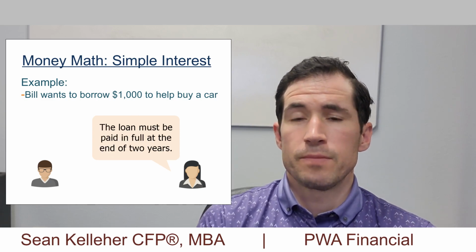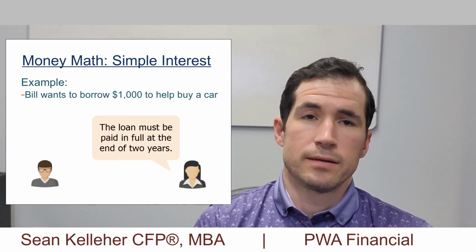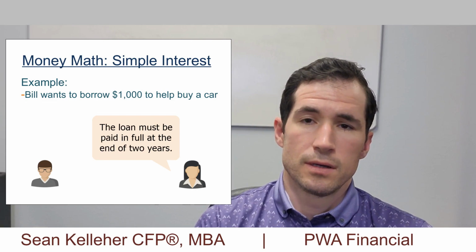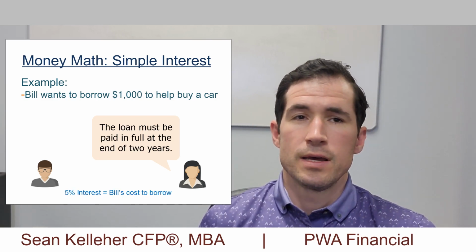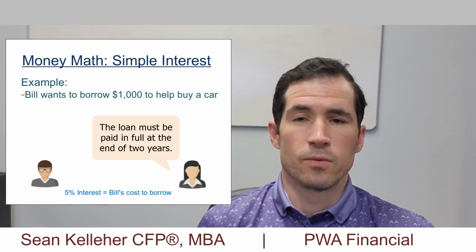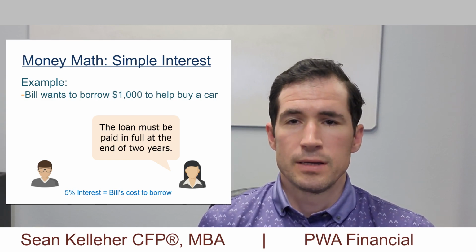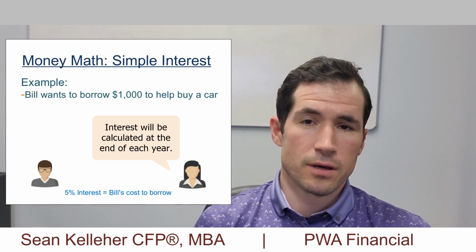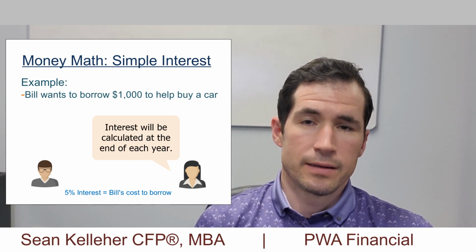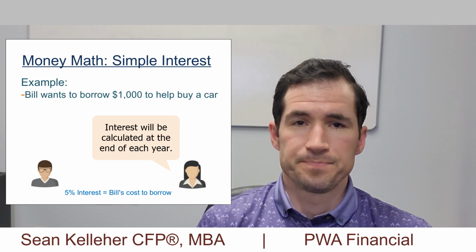The loan must be paid in full at the end of 2 years. In this example, the 5% interest rate is the cost of borrowing for Bill. Sally then tells Bill that the interest will be charged on the loan at the end of each year.